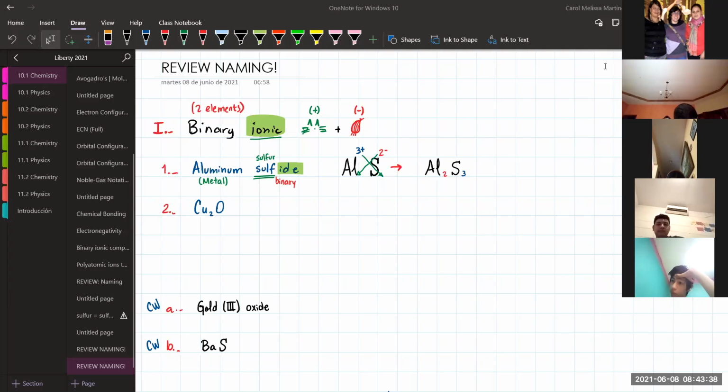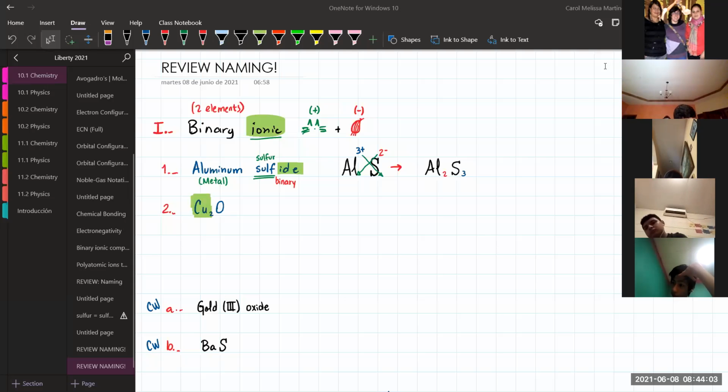The second example is Cu2O. The first thing that you need to notice is the element copper. What kind of element is copper? A transition metal.